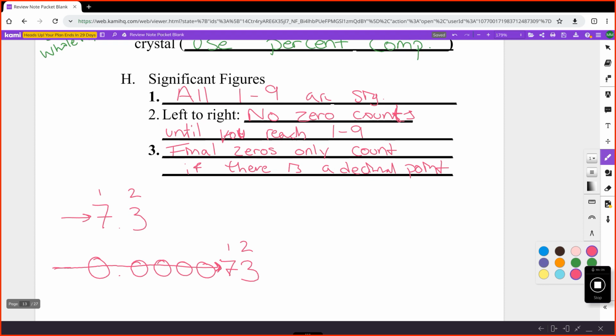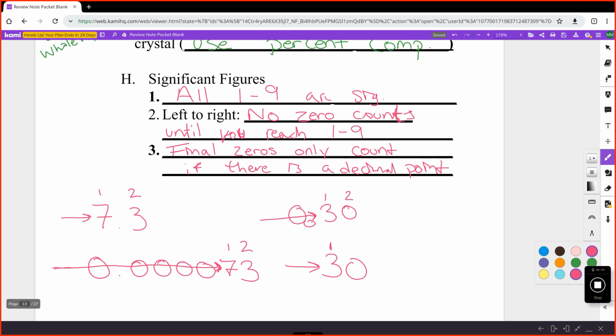Okay. Final zeros only count if there is a decimal point. And all of these three rules together make sense. So a final zero like this, our rules would say we don't count this first zero. Here we go. And everything after that is significant because there was a decimal point. If I write the number, instead of 0.30, if I just wrote 30, this 3 does count, counting from this way to this way.